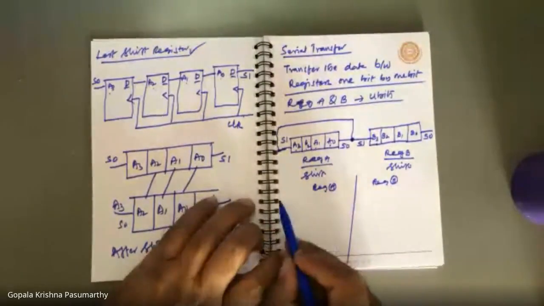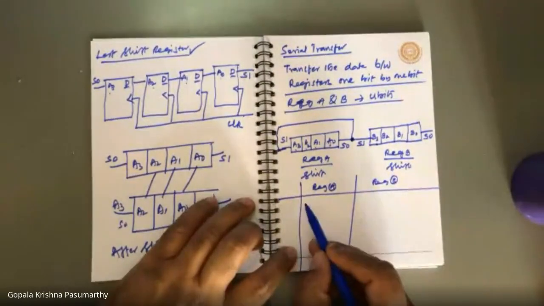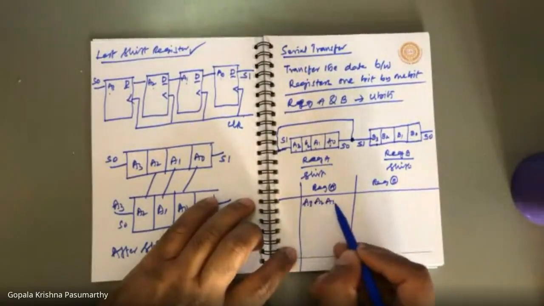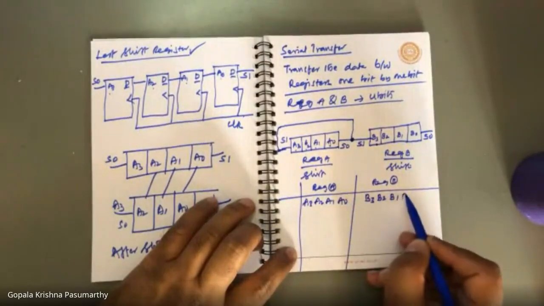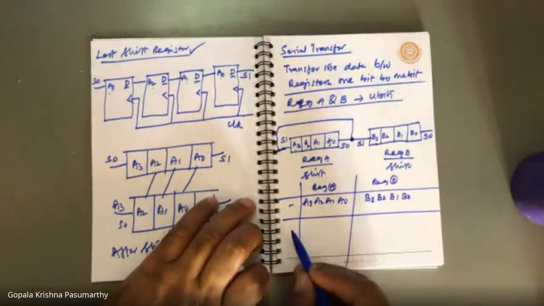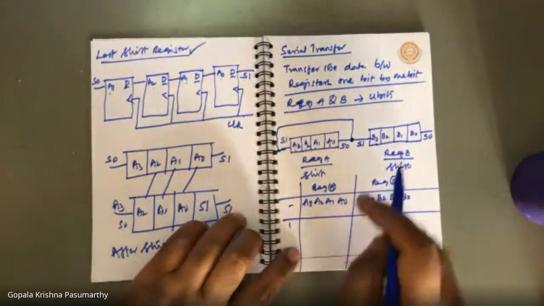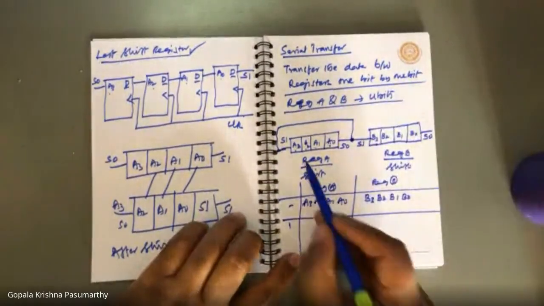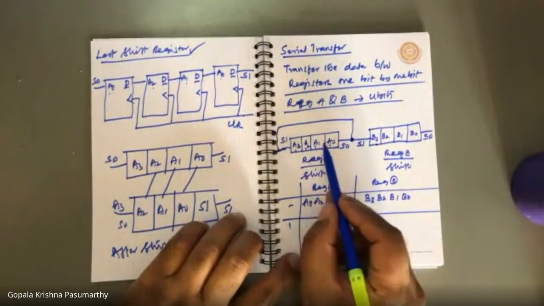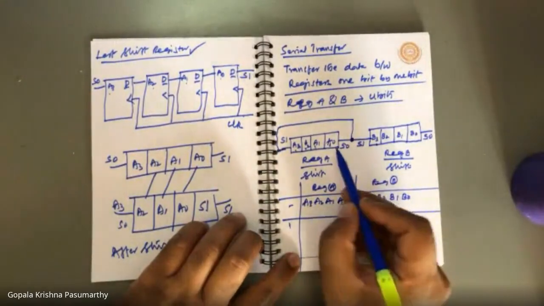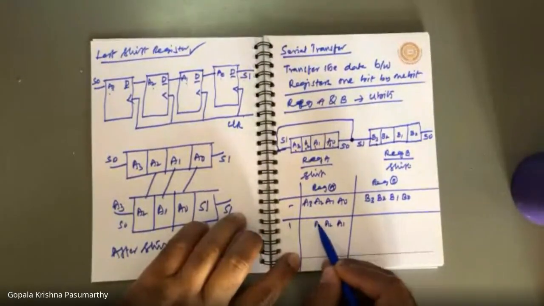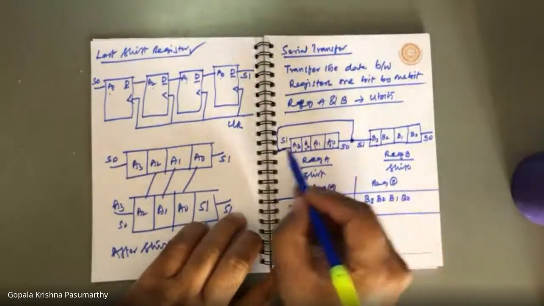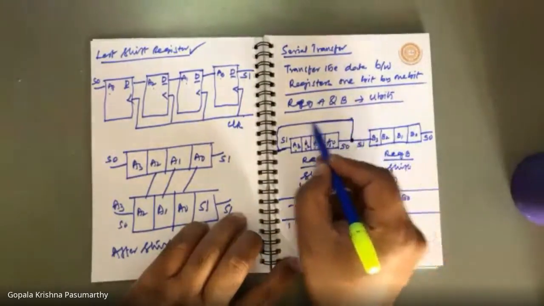Before we start, register A shall have A3, A2, A1, A0. Register B shall have B3, B2, B1, B0. Means clock is not given. At the first clock, when you press the clock, what happens? A3 comes here, A2 comes here, A1 comes here, A0 goes out. So A0 is occupied by A1, A1 by A2, A2 by A3, and A3 by SI, where SI is connected like this.